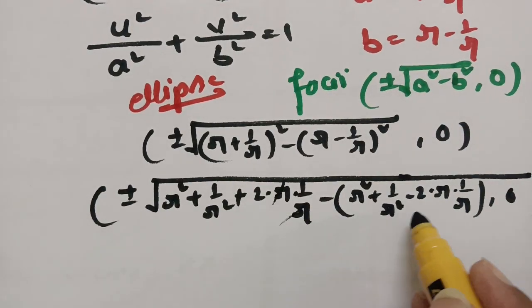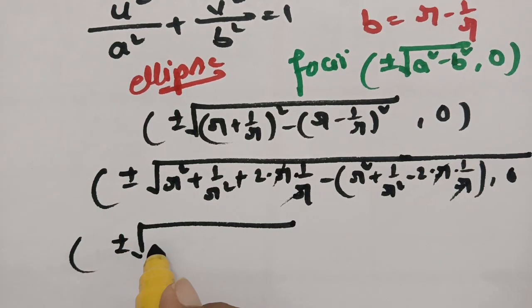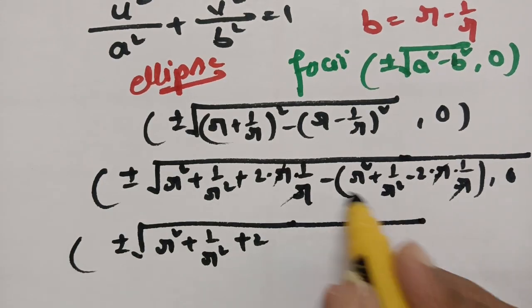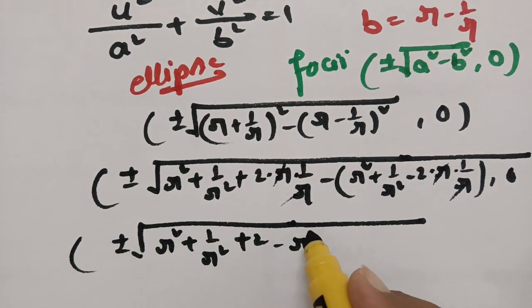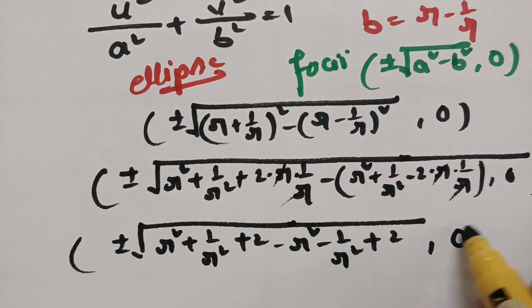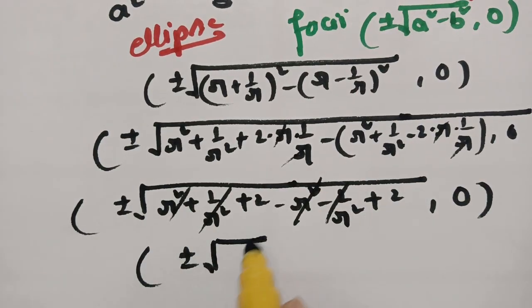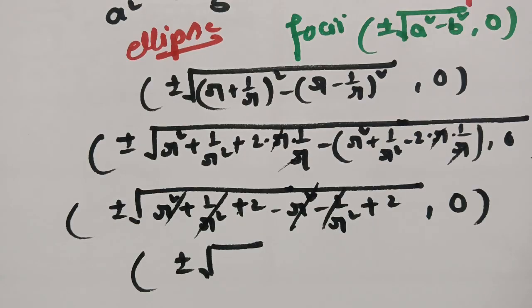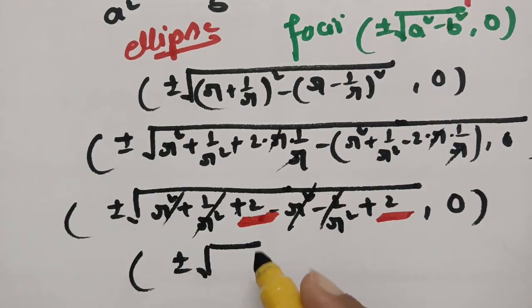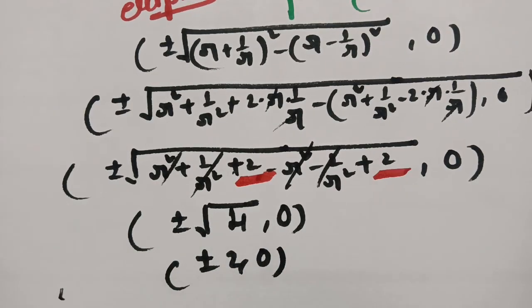If I cancel this, this will be plus or minus root of r square plus 1 by r square plus 2, minus r square minus 1 by r square plus 2, comma 0. So the foci value will be plus or minus root of 2 plus 2, which is 4, comma 0. So this will be plus or minus 2 comma 0.